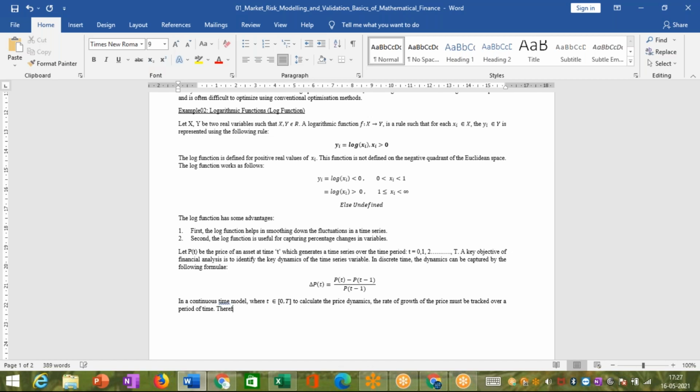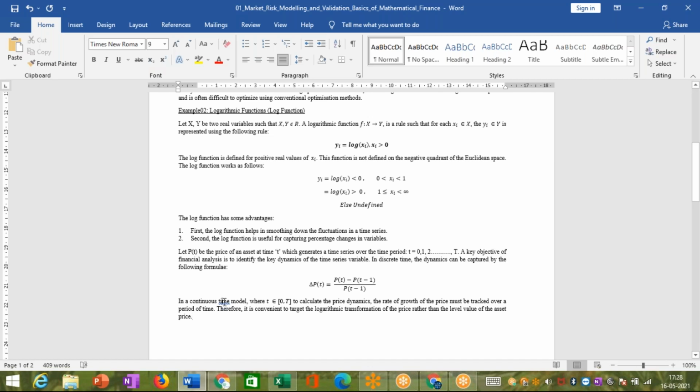Therefore, it is convenient to make the target variable the logarithmic transformation of the asset price rather than the level value of the asset price.